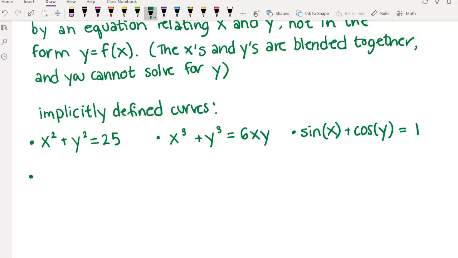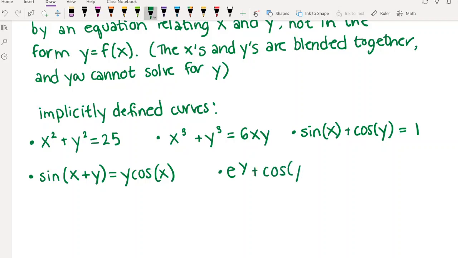Another example, I'm just going to throw out like two more, would be sine of x plus y is equal to y times cosine of x. And one last example would be e to the y plus cosine of y is equal to x cubed.